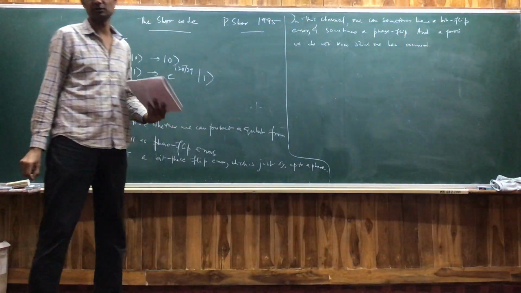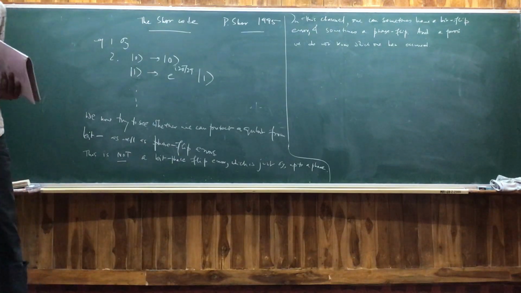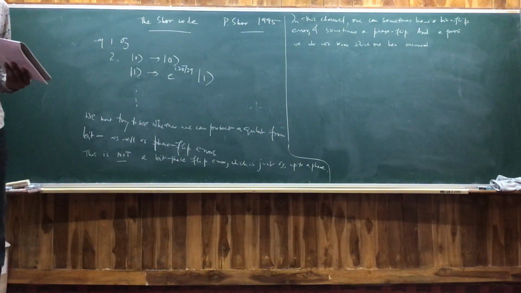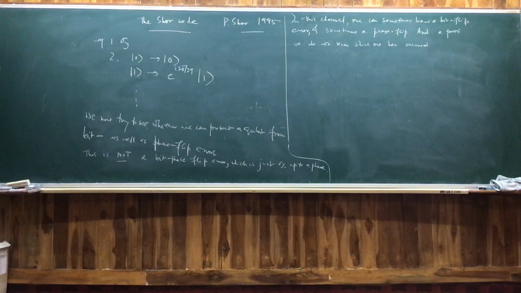Yes, this is the situation. So we have gone to a seemingly more general, but not the most general, type of error in the channel. We considered channels where bit flip and phase flip happen separately, and now we have a channel in which any one of them can happen, but we don't know which one has happened.